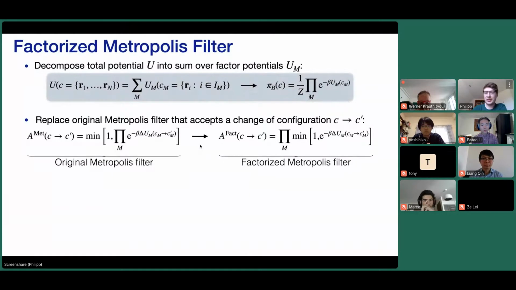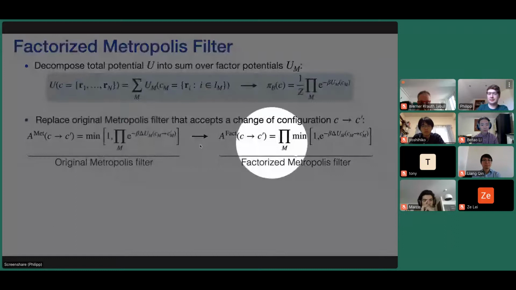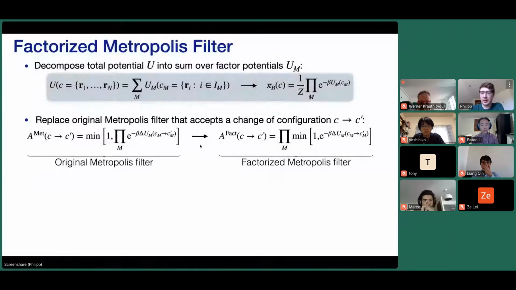For the factorized Metropolis filter, we pull this product out of the minimum. Of course, as you can all see, pulling out the product in fact reduces our acceptance probability. So this would yield a more inefficient algorithm than the standard Metropolis algorithm.